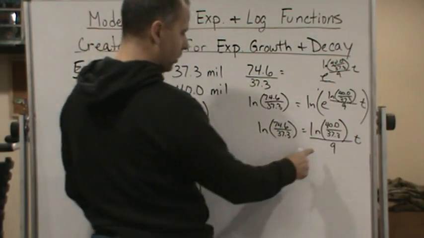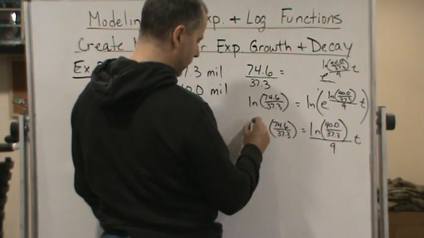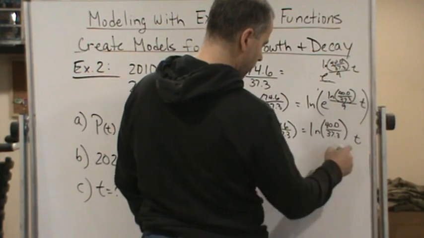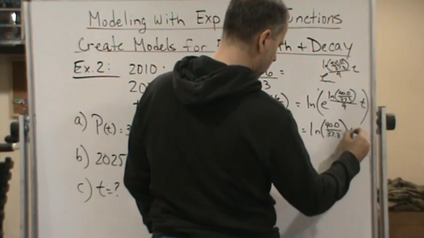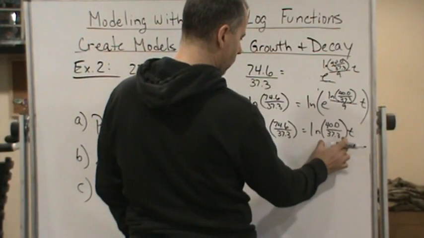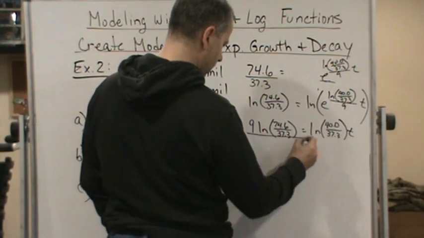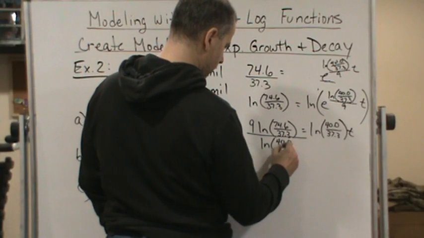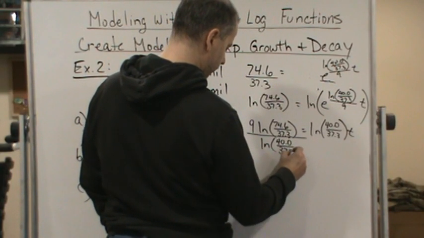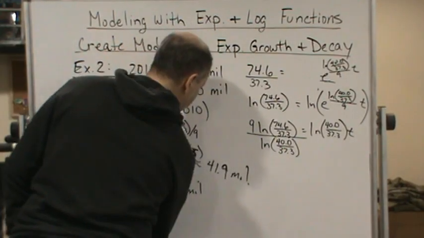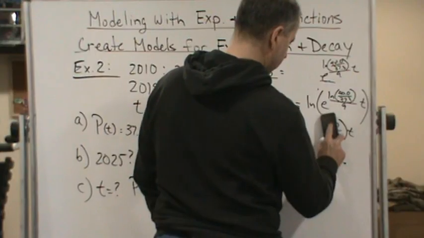Now I can multiply both sides by 9 to get rid of this, and then divide both sides by this natural log. That gives me t.